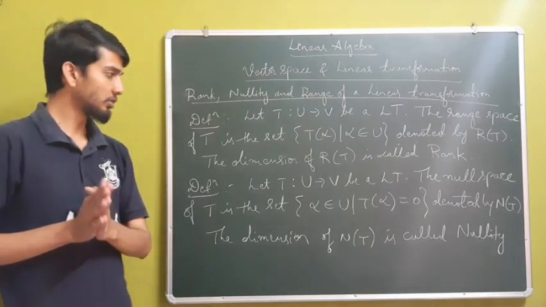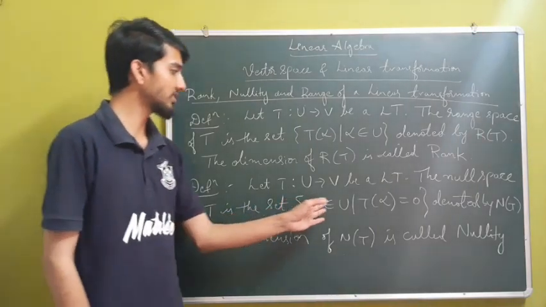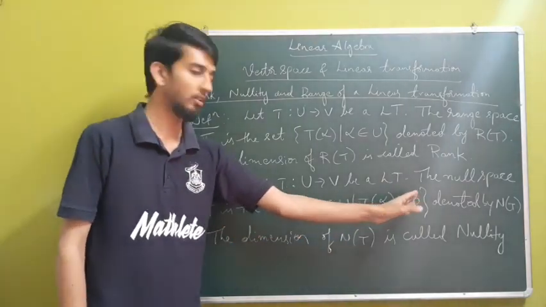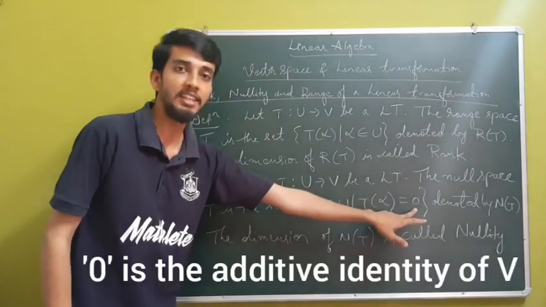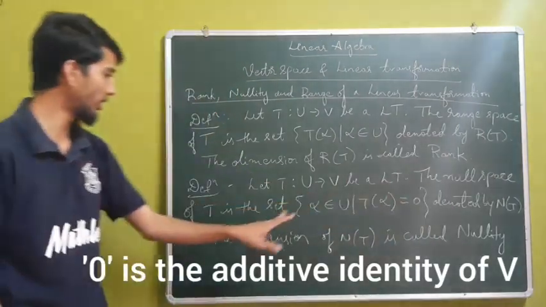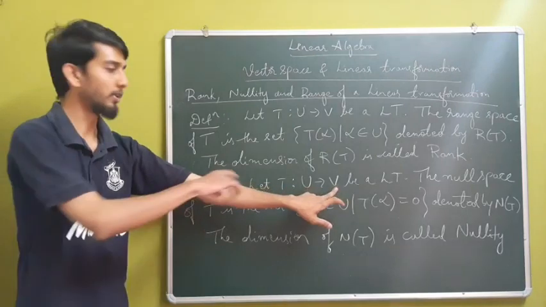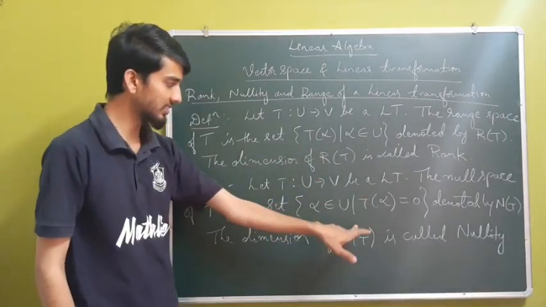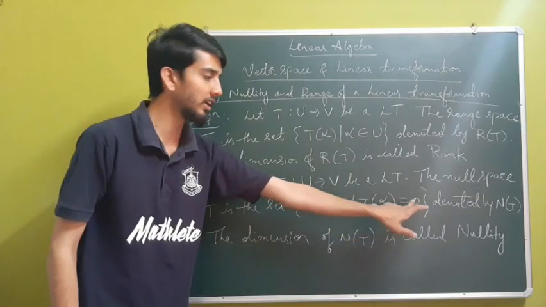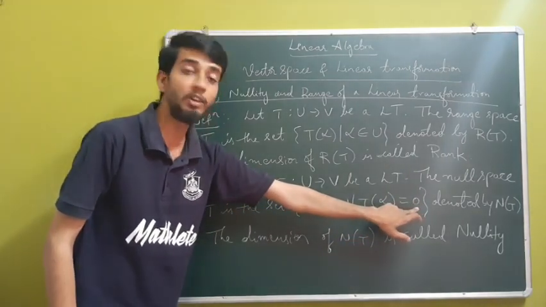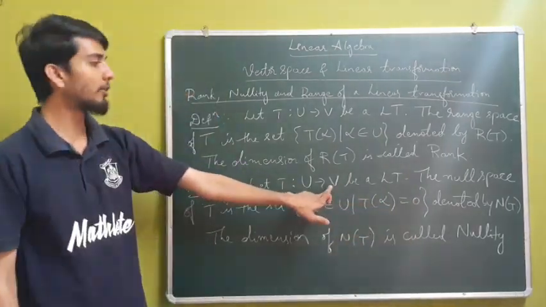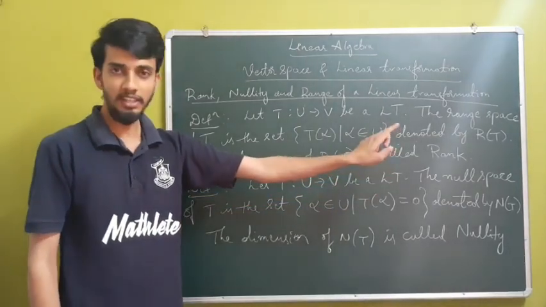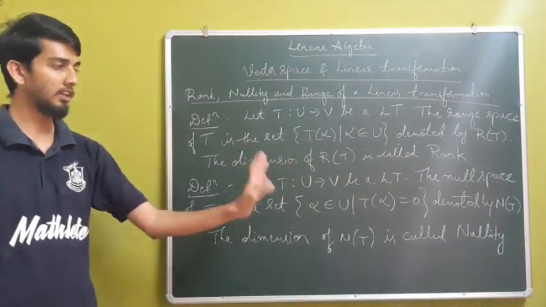The important thing to see here is that the 0 is the additive identity of V, where T is mapped from U to V. So the set of alpha belonging to U such that T of alpha equals 0, where 0 is the additive identity of V, is the null space, denoted by N of T.